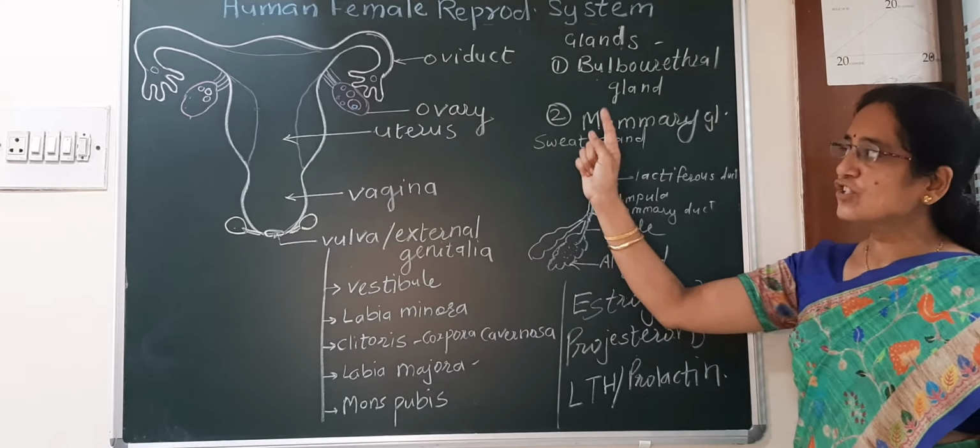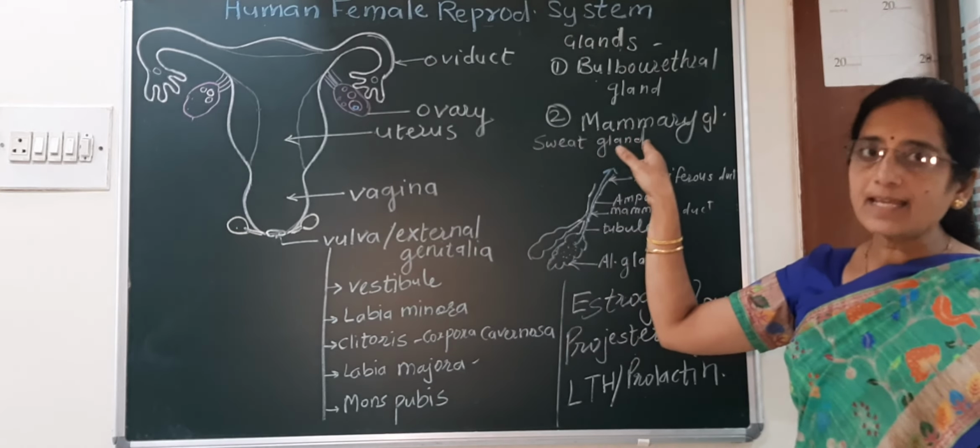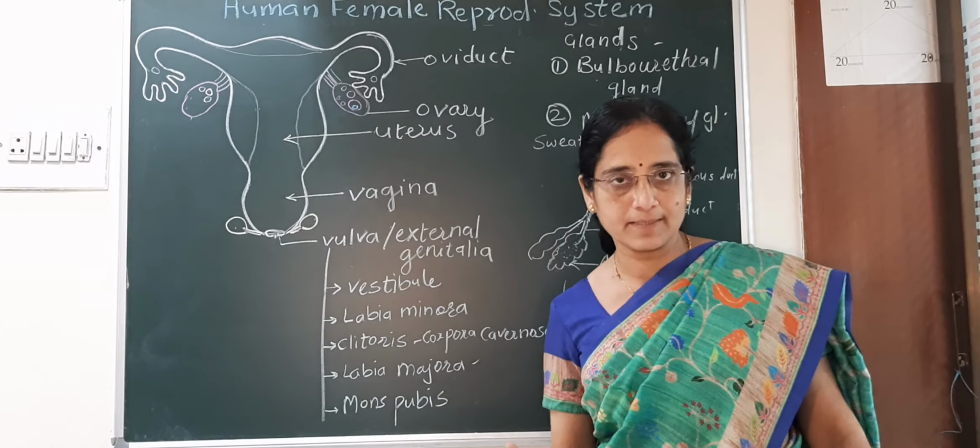So the mammary gland is not actually related to the reproductive system, but it is useful for feeding the baby after birth.